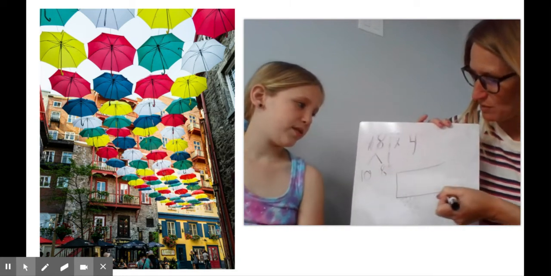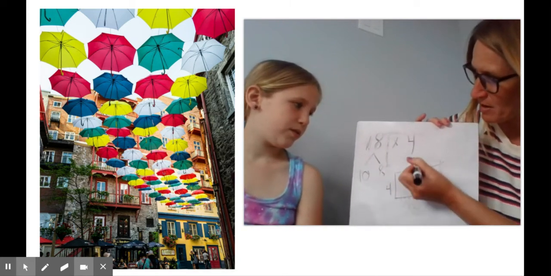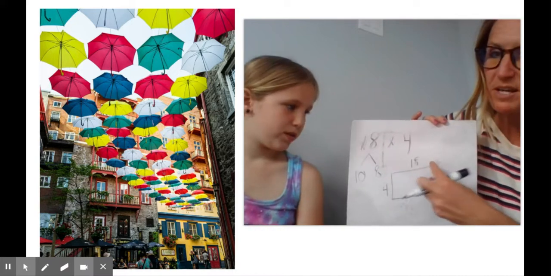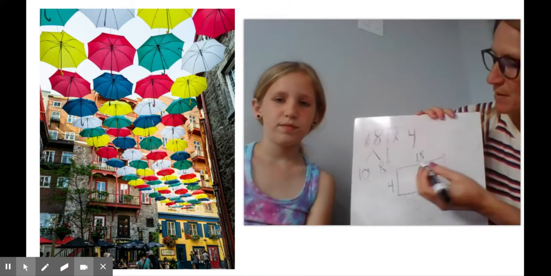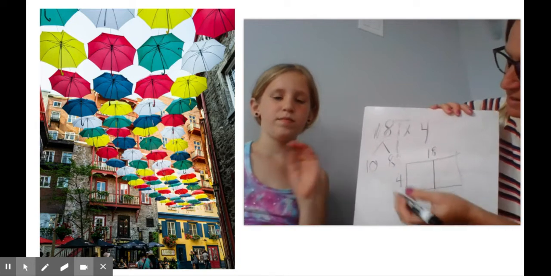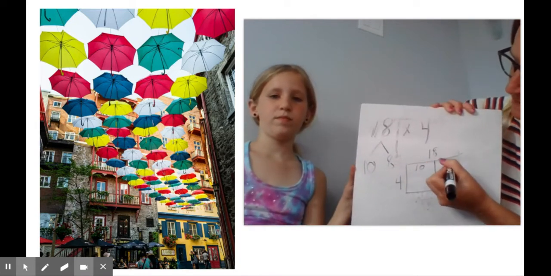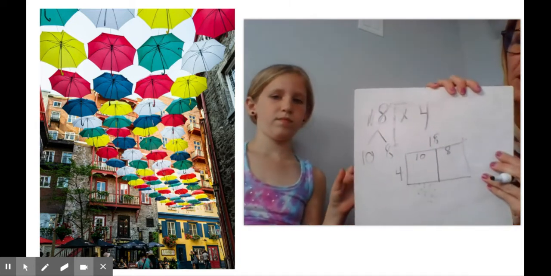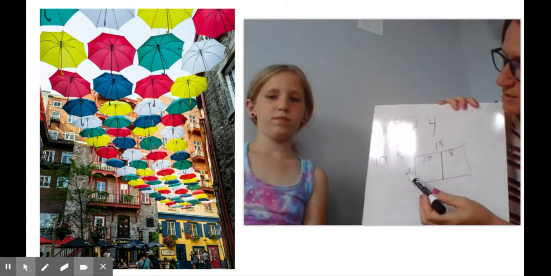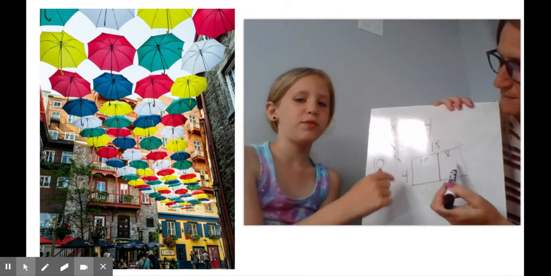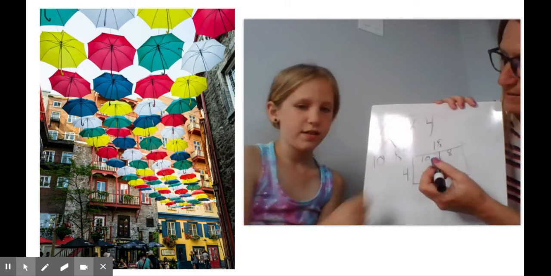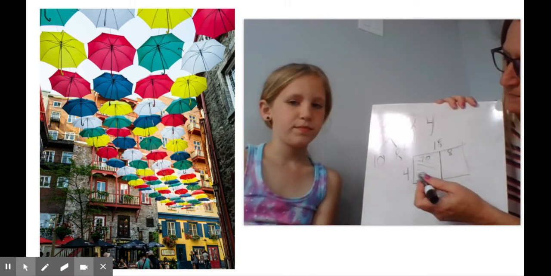And another way to do that is if we kind of draw an area model. So if we're trying to solve 4 times 18 and that's just a little bit too hard, we might break this apart into easier pieces. And she broke it apart into 10 and 8, right? Okay, so now she said times the 4 by 10. So she's trying to find this area right here. 4 times 10.